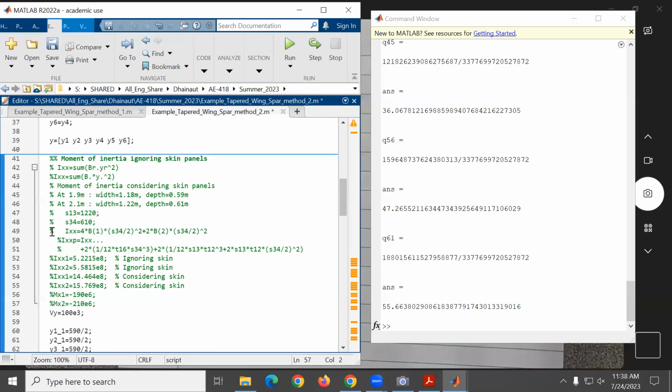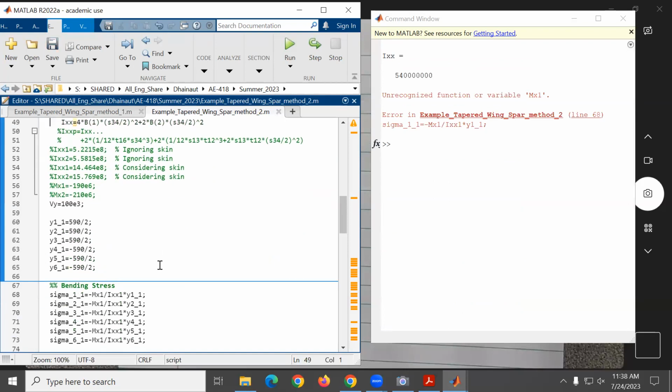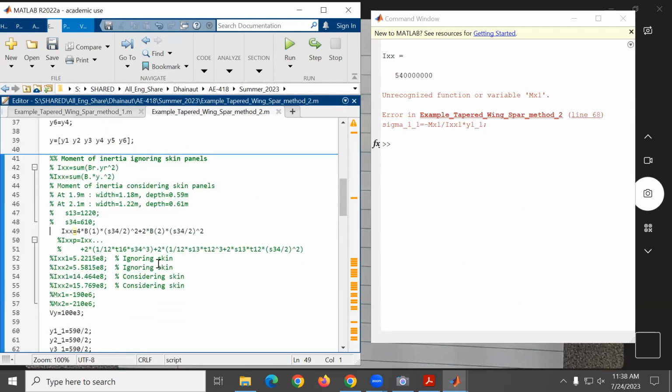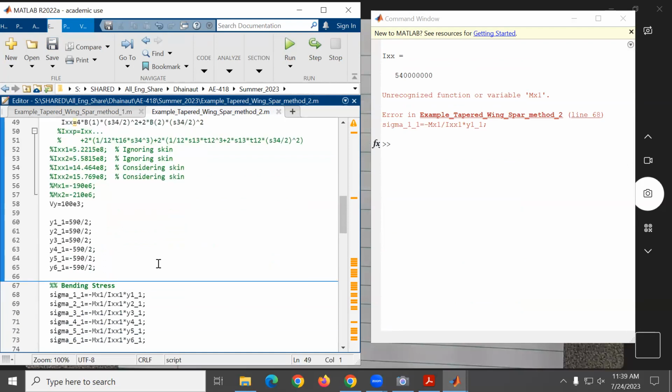Hopefully that would work. That should not change.